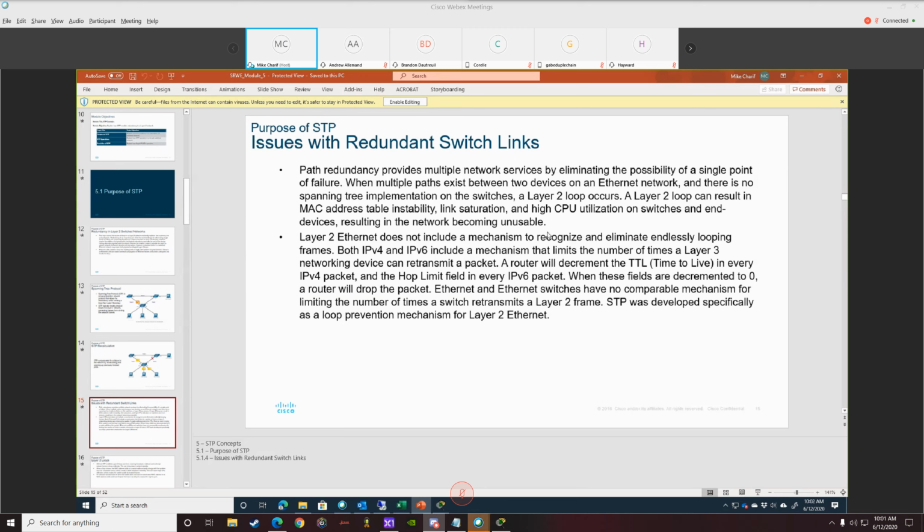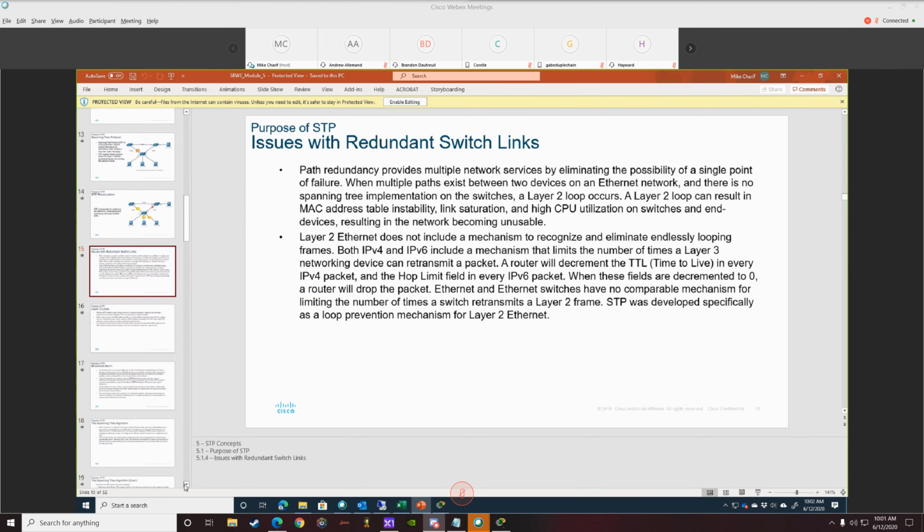I can understand this happening in an attack, but not from misconfiguration. So in order to prevent this from happening through misconfiguration, you need to use STP. Now you notice I repeat that so many different times because this is very, very important.